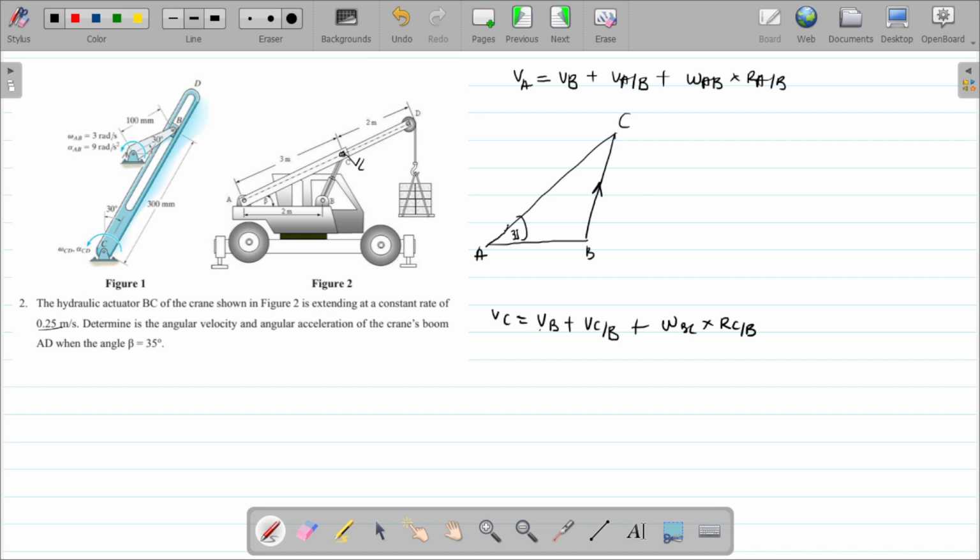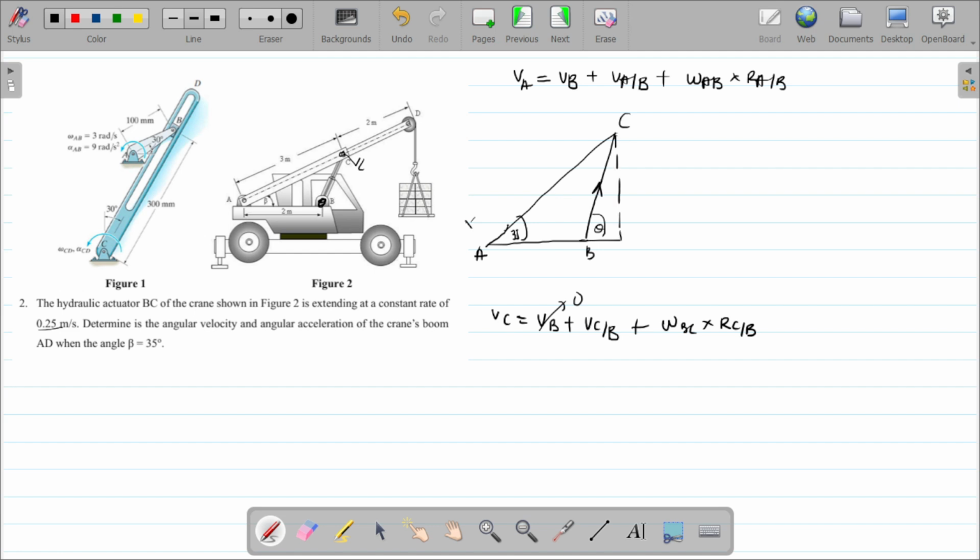What do we know? VB is 0 because that's a fixed point here. And VC relative to B is given as 0.25, acting in this direction. But we don't know the angle to put it in sine and cosine form, so we can create a right angle triangle here.